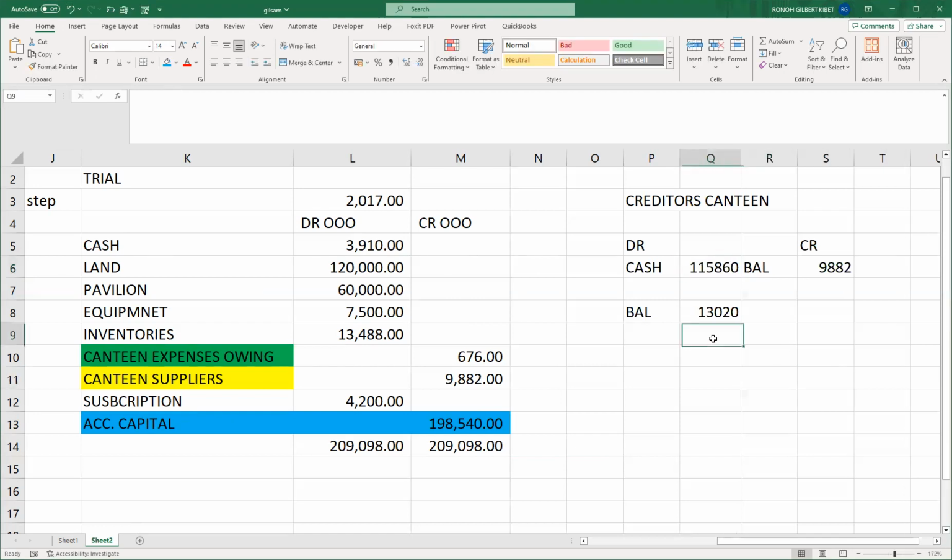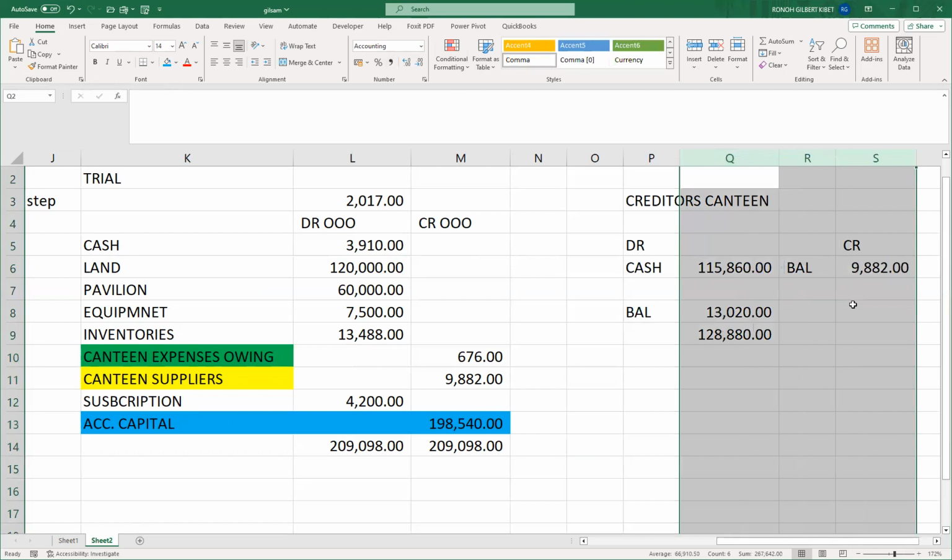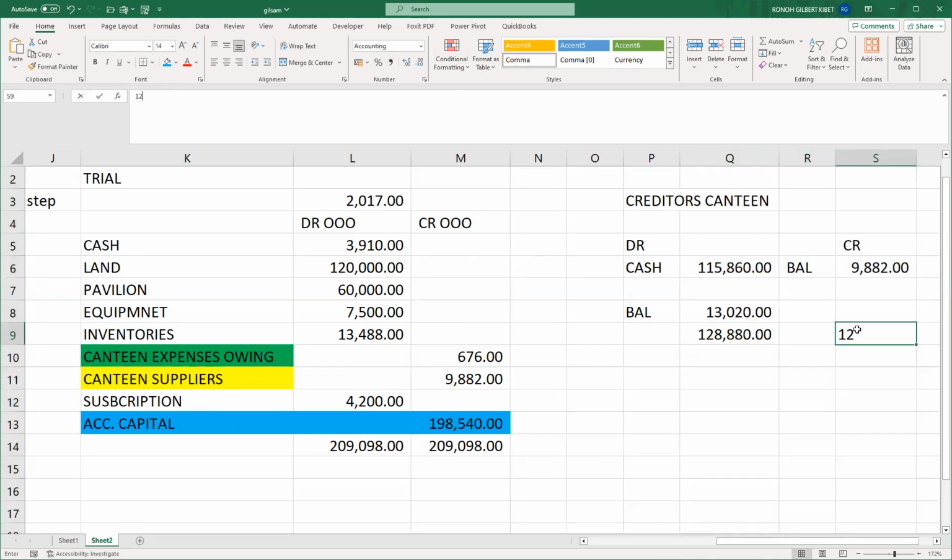Now balance this equation. So if you sum these two, it means the debit is more. So it will be the same, 1288.